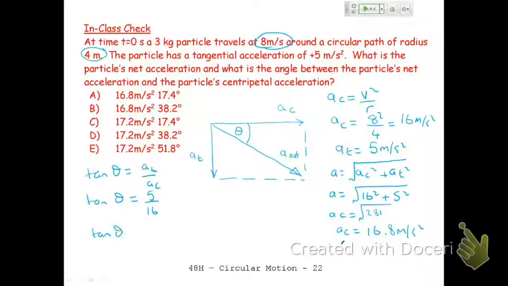So theta equals second tangent to the minus 1 of 5 divided by 16, which equals 17.4 degrees.